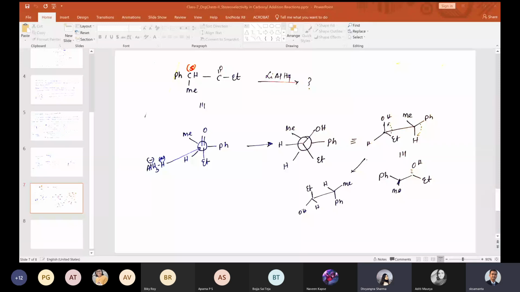Sorry to interrupt, sir, but your pointer is not visible. Is it not visible? No, sir, the pointer is not visible. But I can see it. I think it's lagging. For us, the PowerPoint is not in full screen yet.